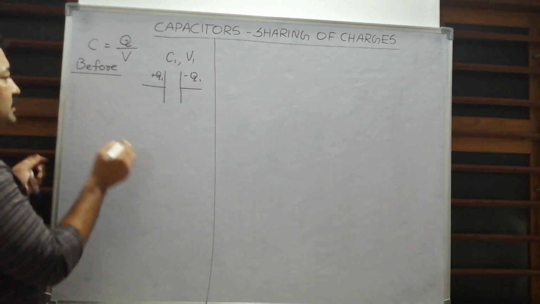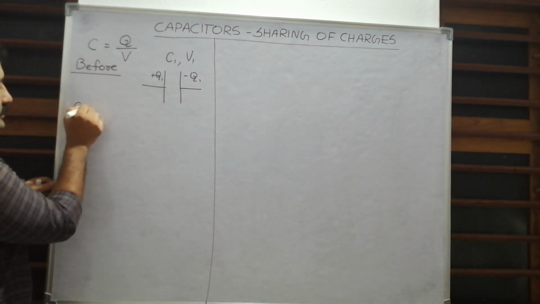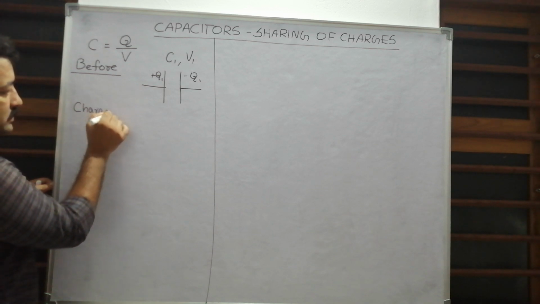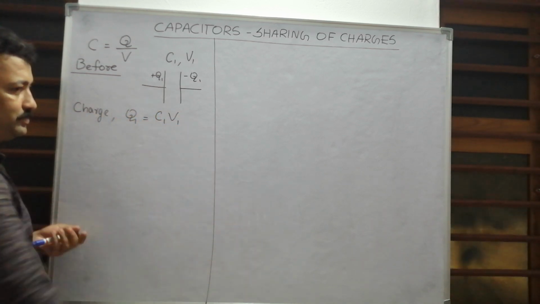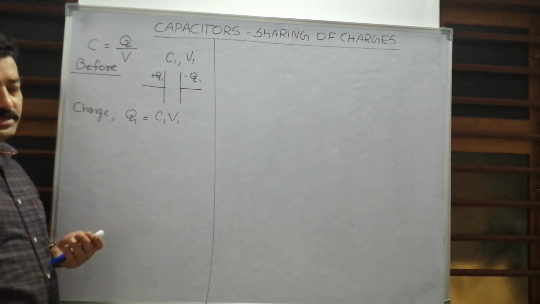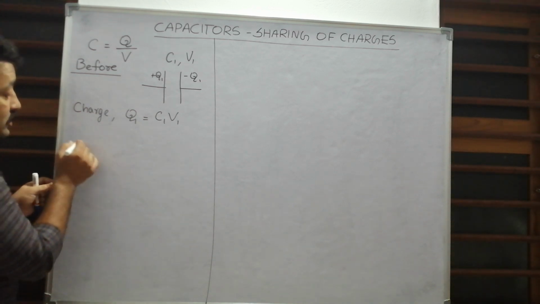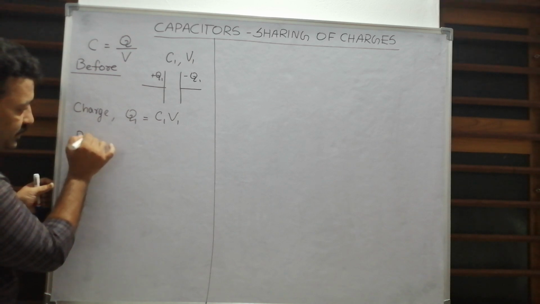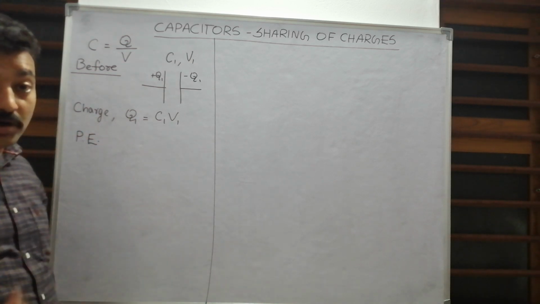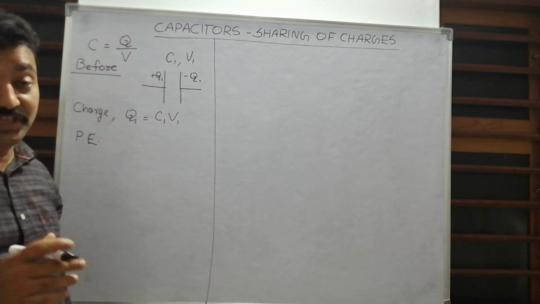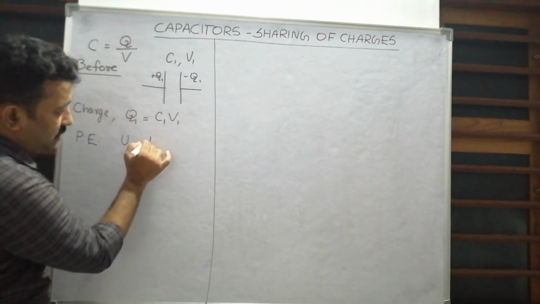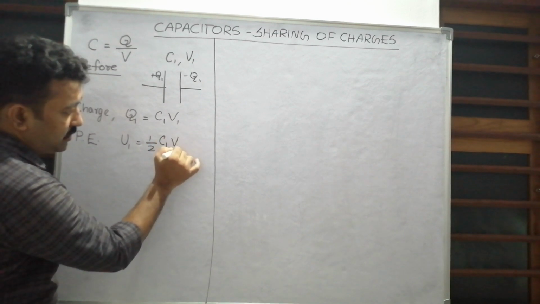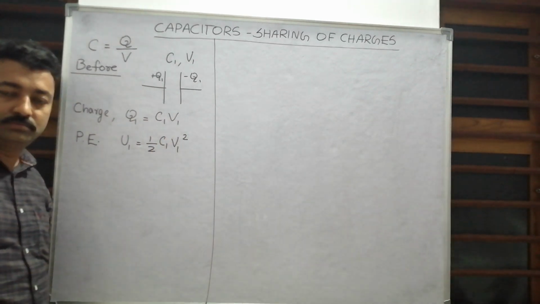So I can write the charge content of the capacitor as Q1 equals C1 V1, simply the product of capacity and potential. And the potential energy, we know, can be written in different forms. I am writing that in the form of C and V. So the first one has a potential energy of half C1 V1 square.